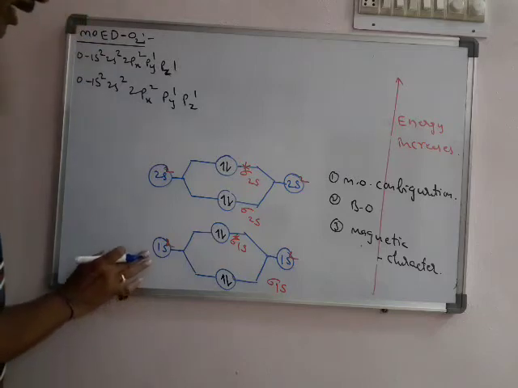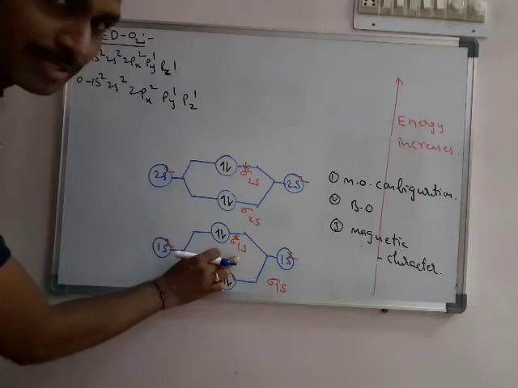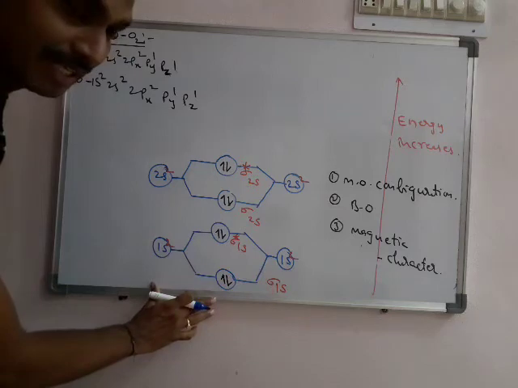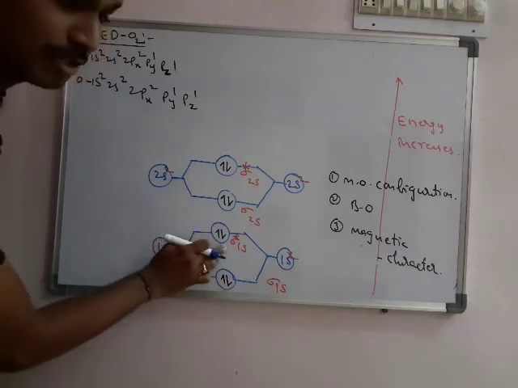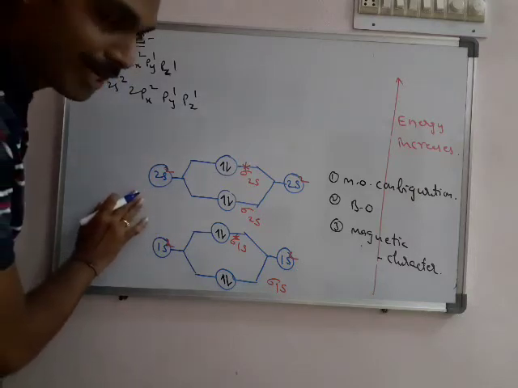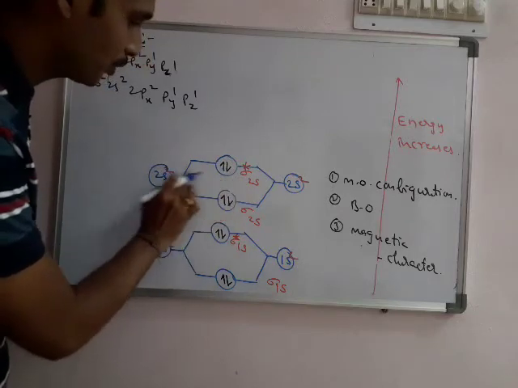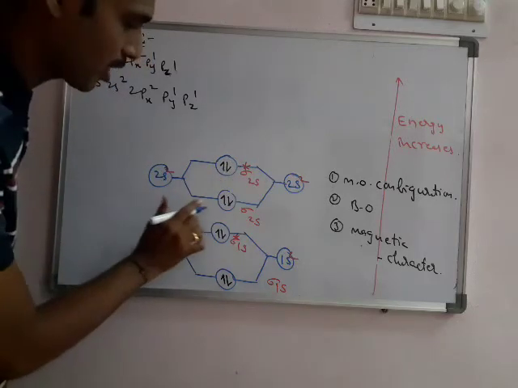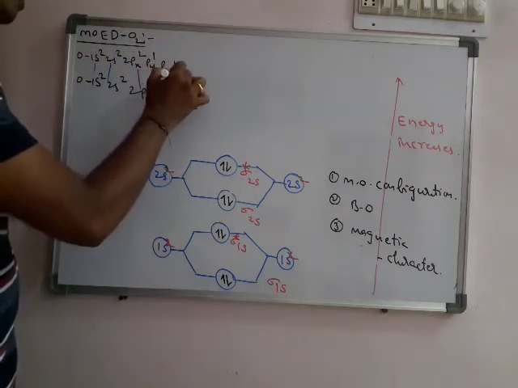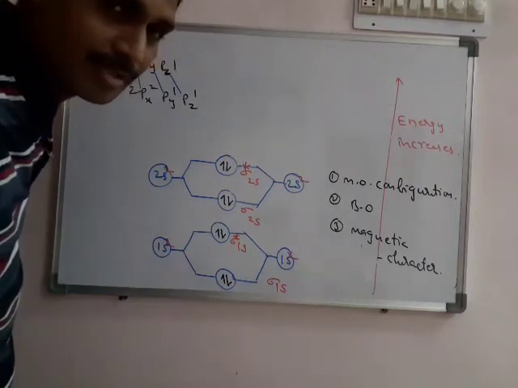Here the 1s2 of these two combine, forming sigma 1s and sigma star 1s, and 2 plus 2, 4 electrons are filled. Then the 2s2 of these two combine, forming molecular orbitals sigma 2s and sigma star 2s. Both have 2 electrons, total 4 electrons. Next, here also px, py, pz combination, but the arrangement is different.